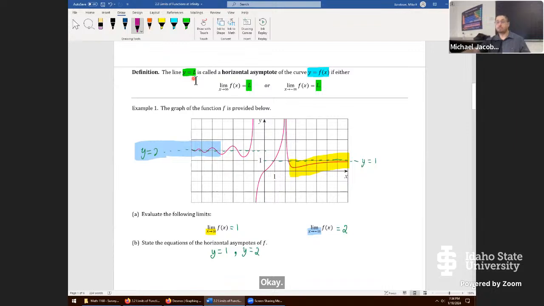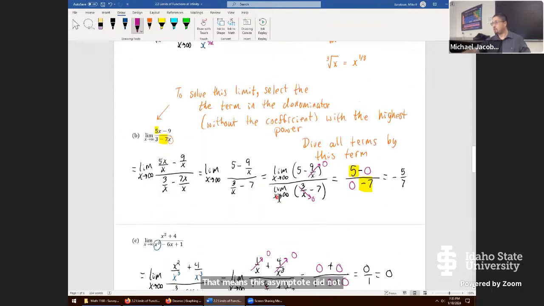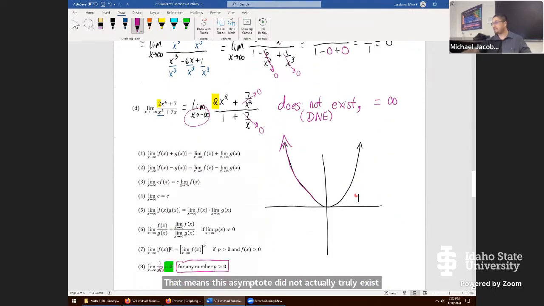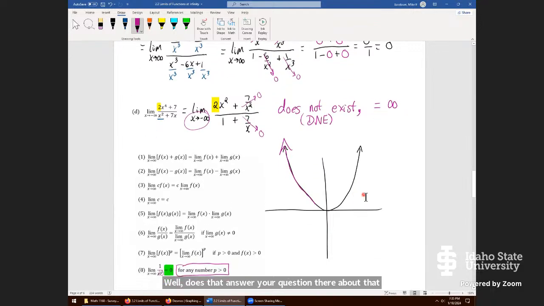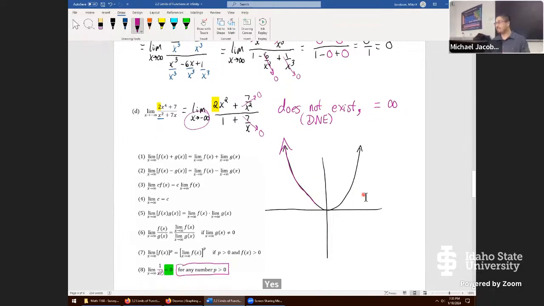If you have a horizontal asymptote, your limit will exist. You'll be able to put in an actual value right there. But if we couldn't put in a value, like if we were to put in infinity, that means this asymptote did not actually truly exist in the first place. Does that answer your question? Yes, thank you. Thanks for asking it. Other questions or comments so far, folks?